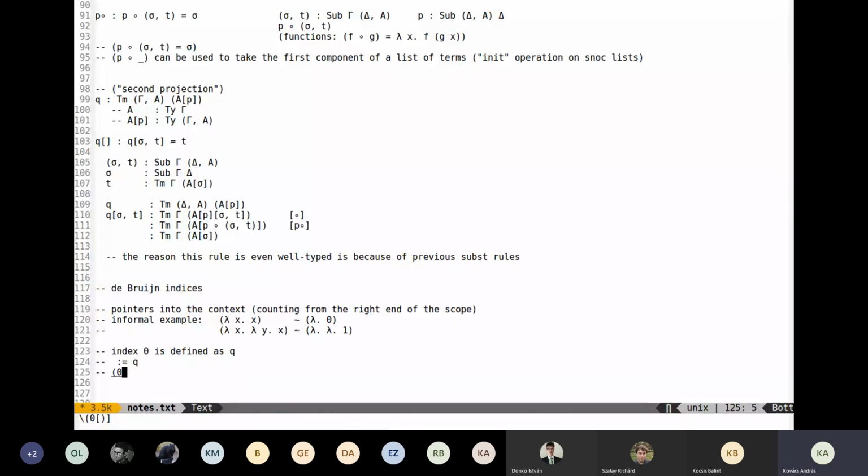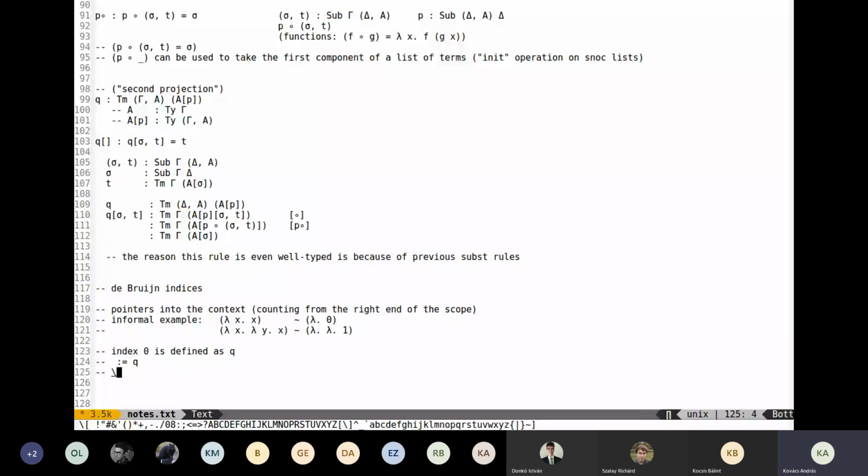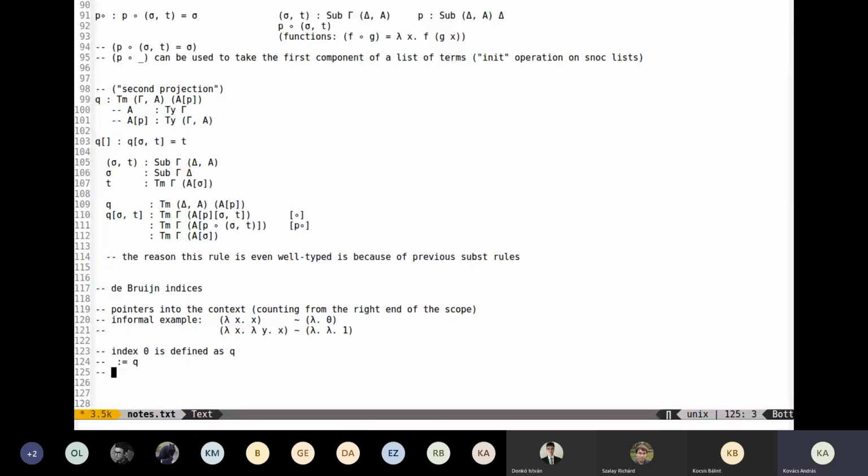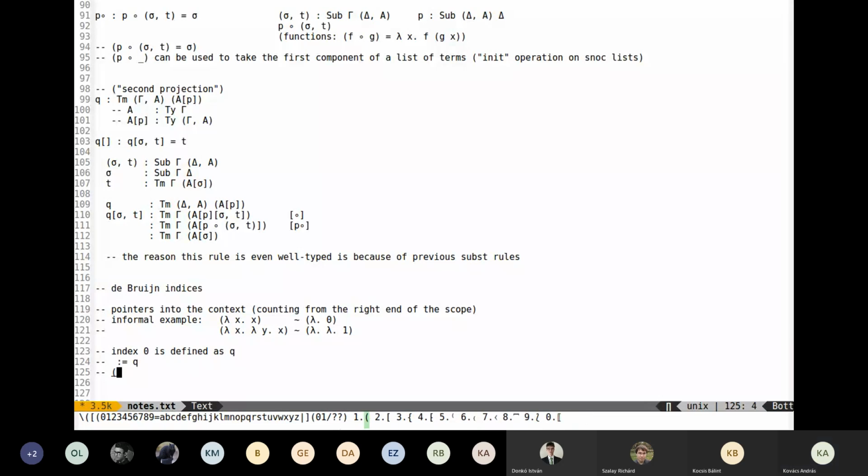So let's try it. Maybe. One would prefer the special characters. Okay, type 1 and press the right arrow at the end.